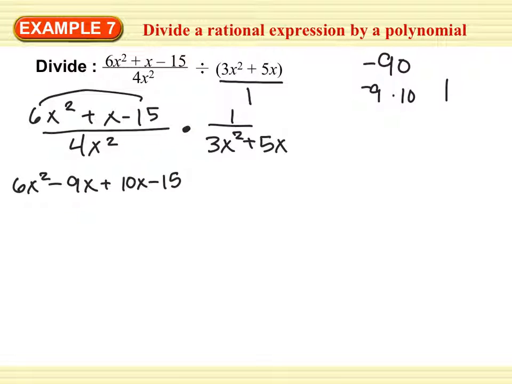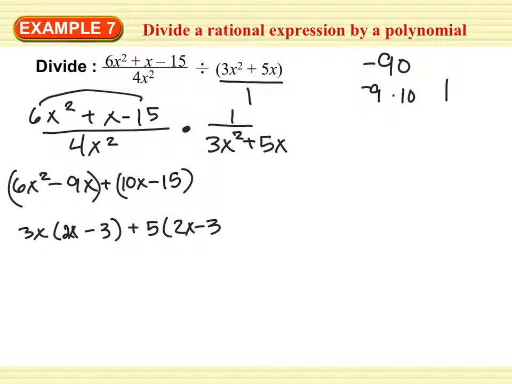I'm going to keep on working on this one before I put it over 4x. Factor by grouping, I get 3x, 2x minus 3, and a 5, 2x minus 3.